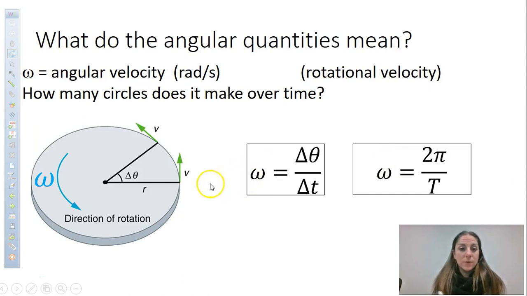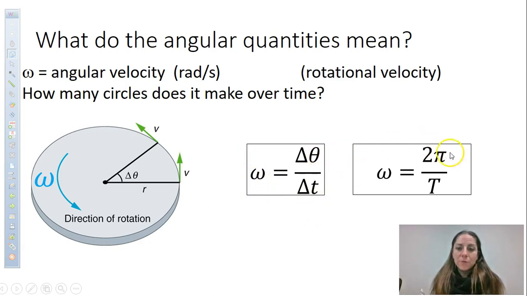So angular velocity, like I said, is always represented by a curve because you're counting spins. Basically, how many circles does it make over time? So we can represent the number of circles as angle and then time. So delta theta over delta t is defined as omega.